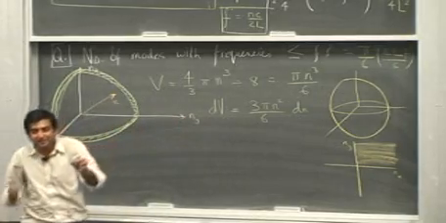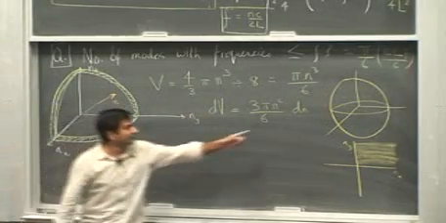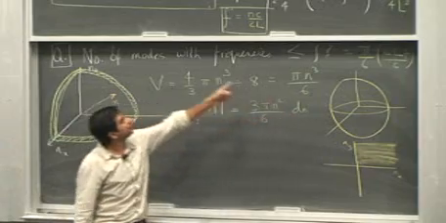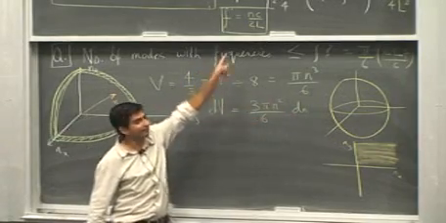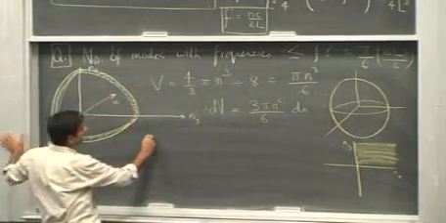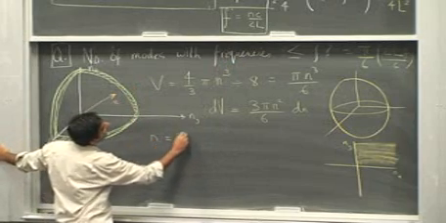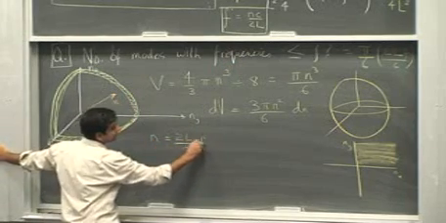How many modes exist within this small volume? We know what dN is. We know the relationship between F and N, and the relationship is N equals 2LF over c.